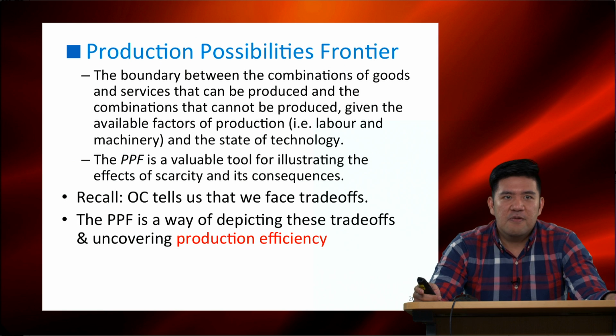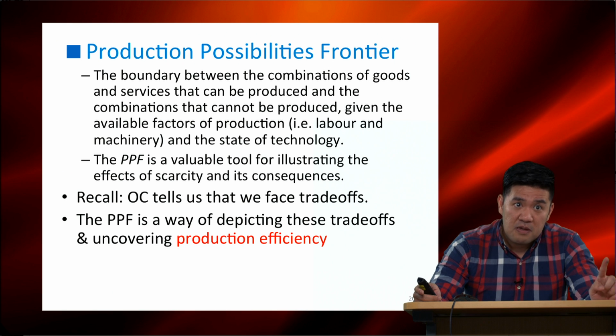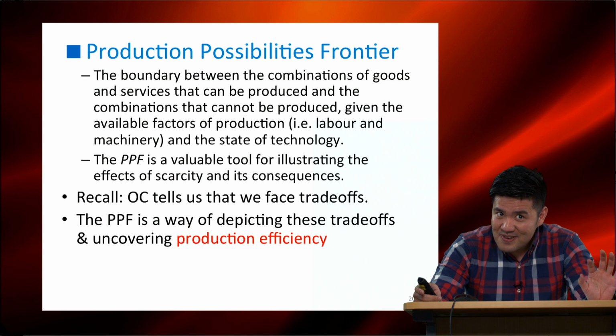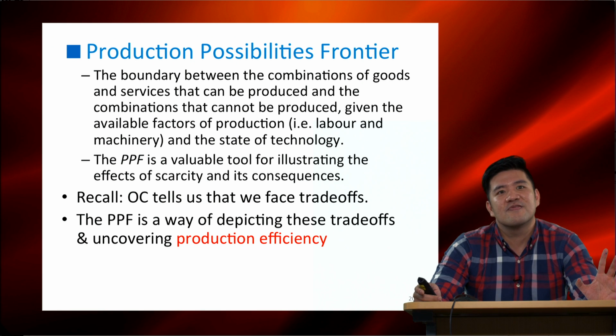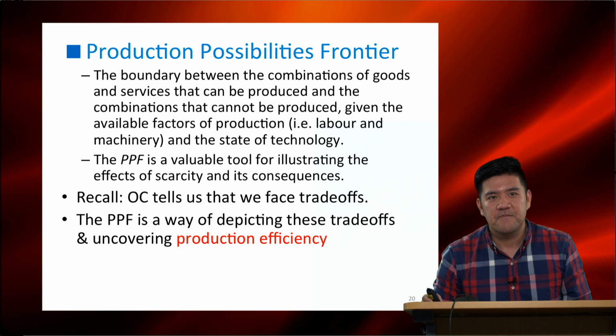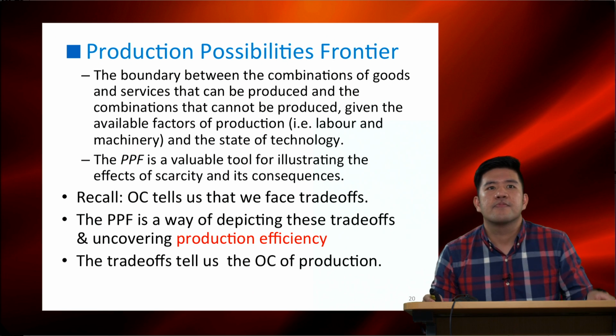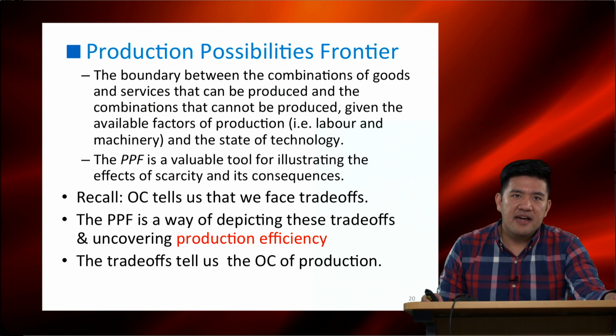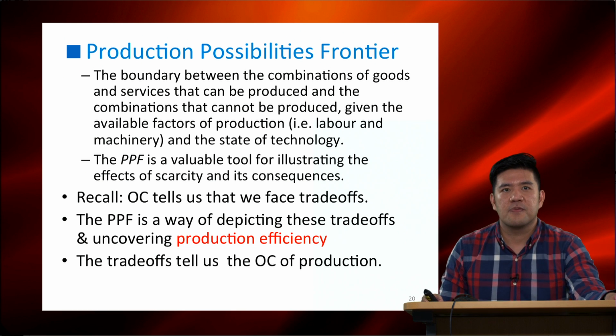We all know opportunity cost tells us that we are facing a trade-off. But you'll see, guys, PPF is also a simple, useful way to depict this trade-off to uncover production efficiency. The trade-off is equivalent to the opportunity cost of production.